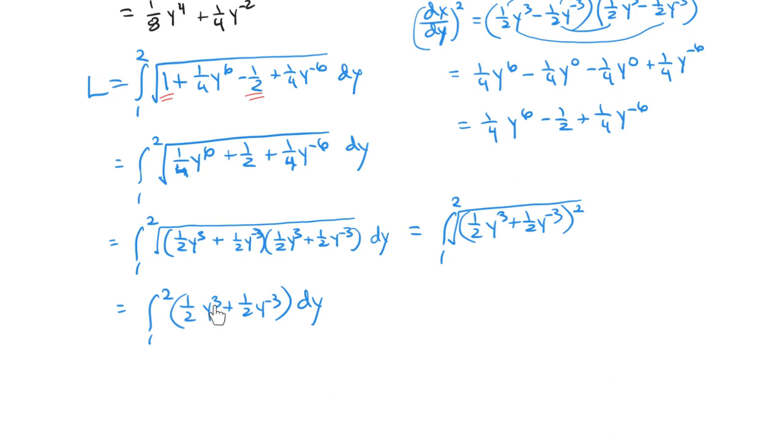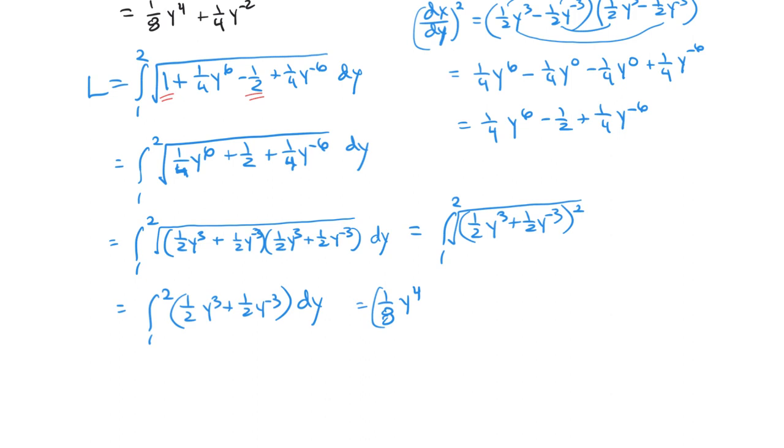This goes up to 4, then I divide by 4, which is like multiplying by 1/4. So I would get 1/8 y to the 4. This one's going to go up by 1 to negative 2, then I divide by negative 2, which is like multiplying by negative 1/2, which gives us negative 1/4 y to the negative 2. And then this is just evaluated from 1 to 2.